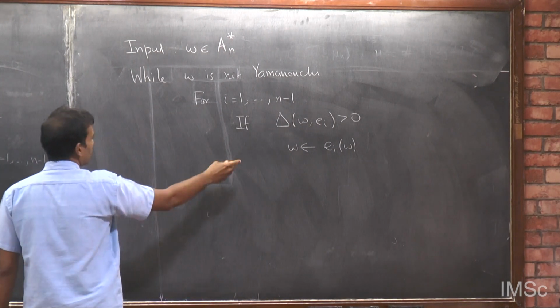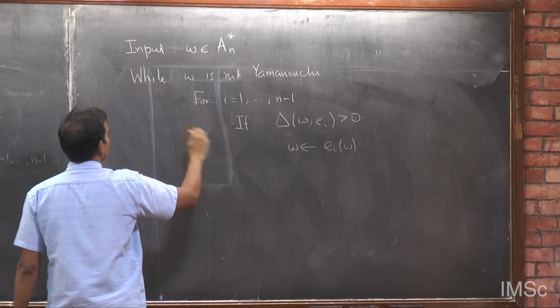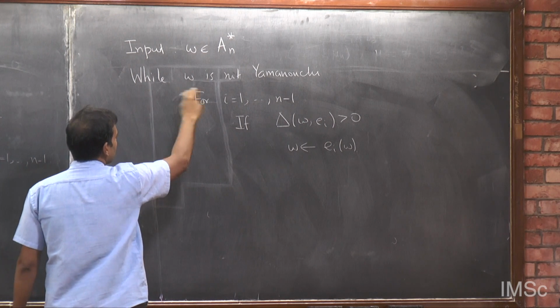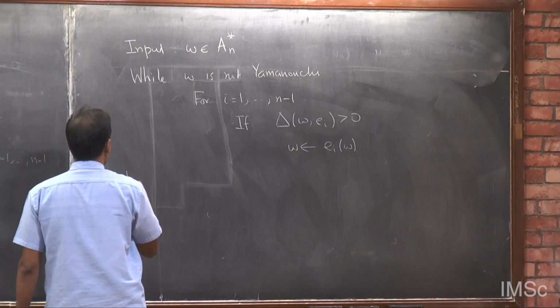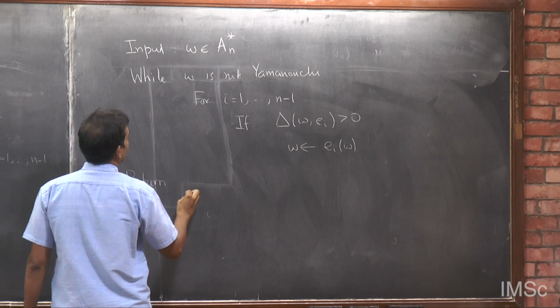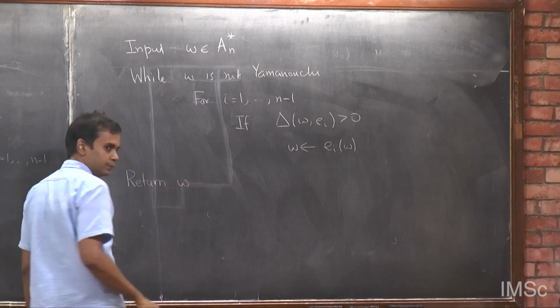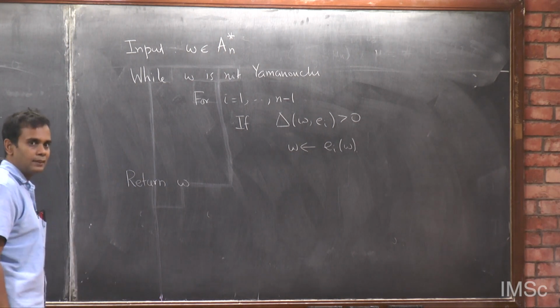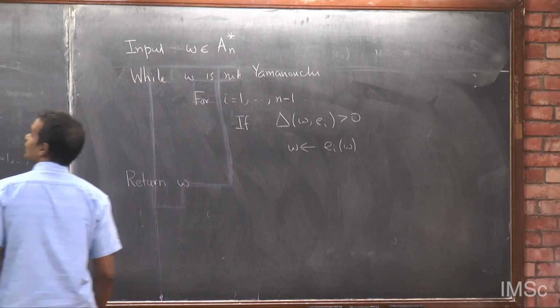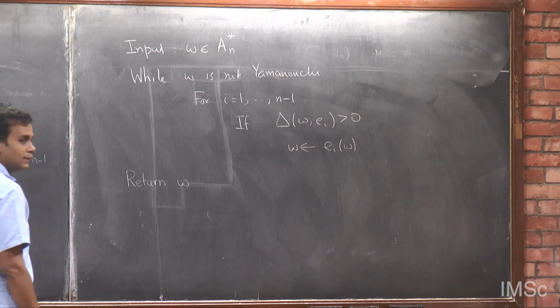Okay, and after you run this loop, you again check if it's Yamanouchi or not. If it is Yamanouchi, then you return W. So, this is exactly the algorithm that Robinson gave. What this algorithm does is it takes a word W and returns a Yamanouchi word.